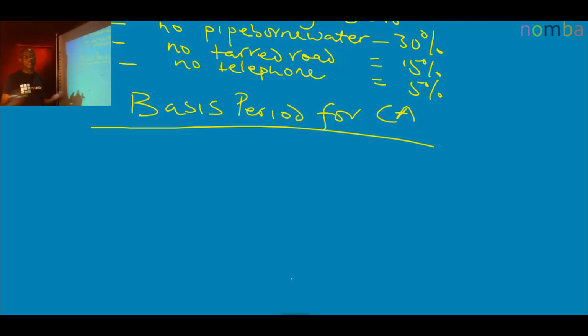For example, initial allowance is granted in the first year the asset is put to use, and once. How will you know if you are given the date of acquisition? You'll be given the date the asset was acquired. So it is only when you do this basis period for capital allowance that you can know that.